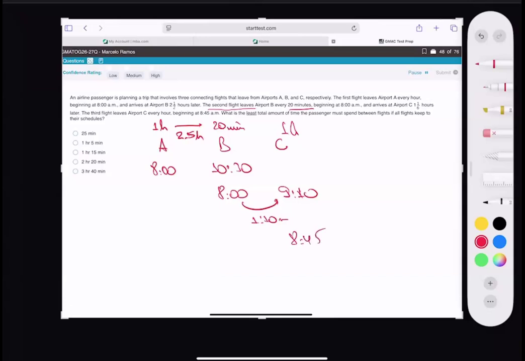What is the least total amount of time the passenger must spend between flights if all flights keep to their schedule? I'll do everything again because my table is horrible.